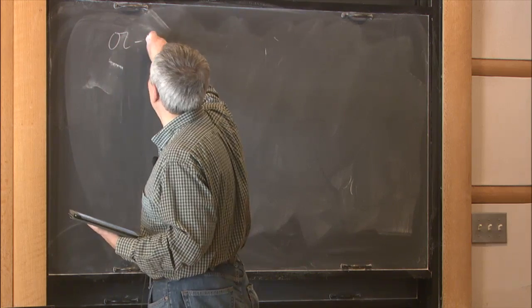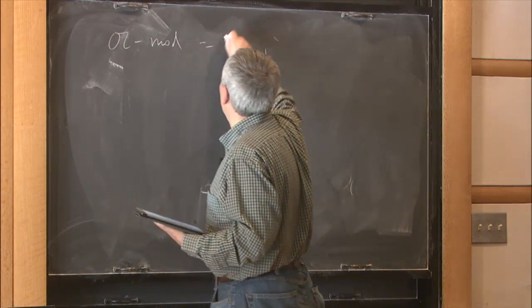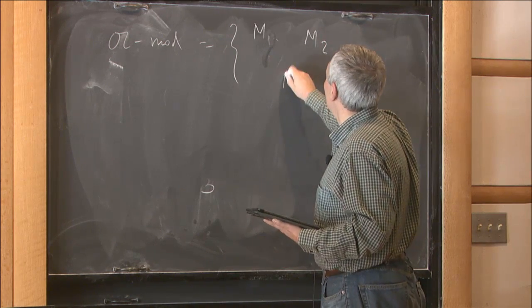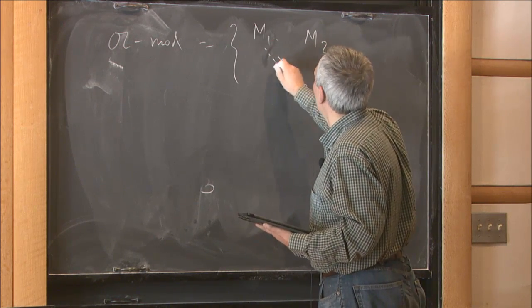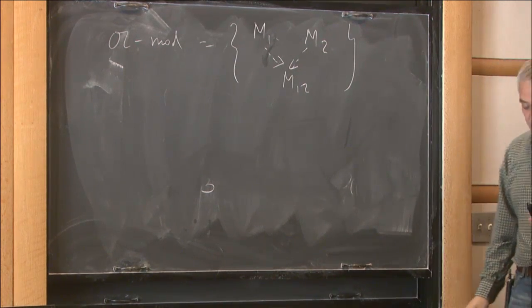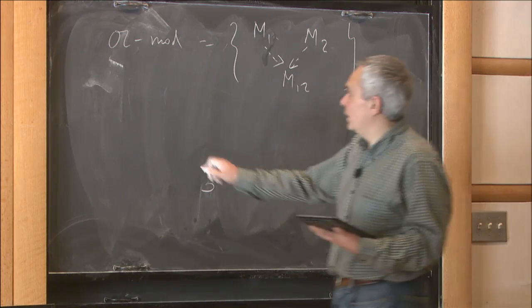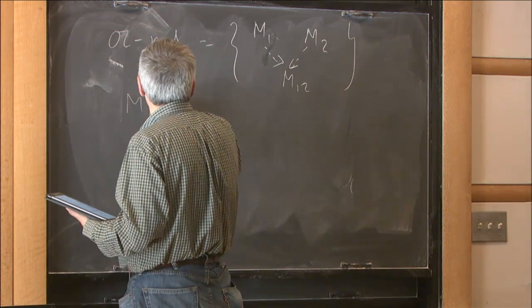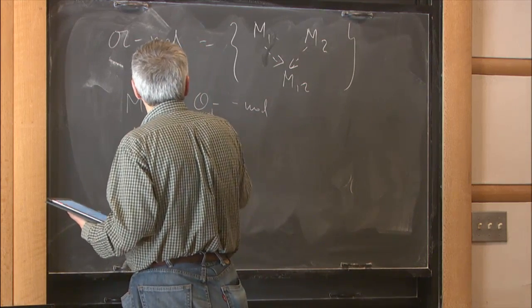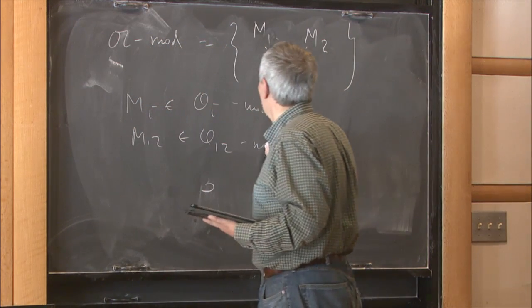So A mod are just diagrams M1, M2, M12. And I'm going to put dashed arrows. The Mi are modules over Oi, and M12 is a module over O12.